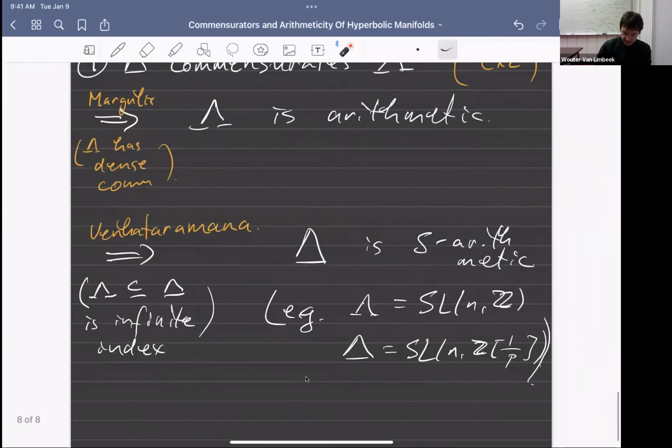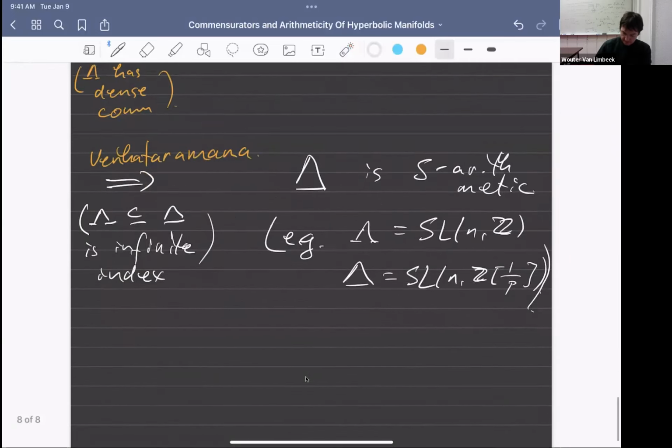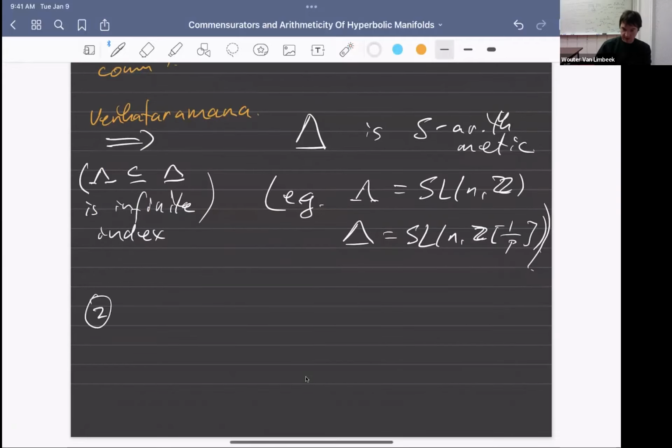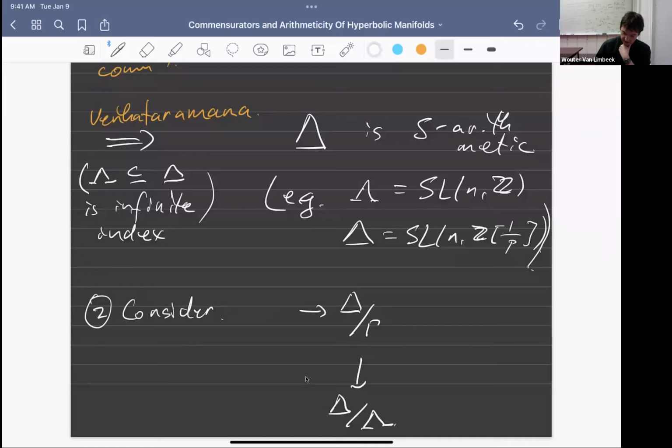And the second step is that you consider the following situation. We have delta, and we can quotient by gamma, and we can map this to, we can quotient further by lambda, and then this has a fiber which is lambda mod gamma.